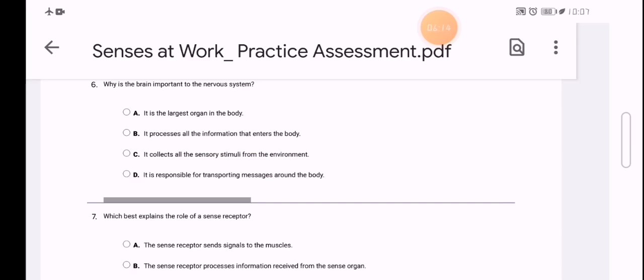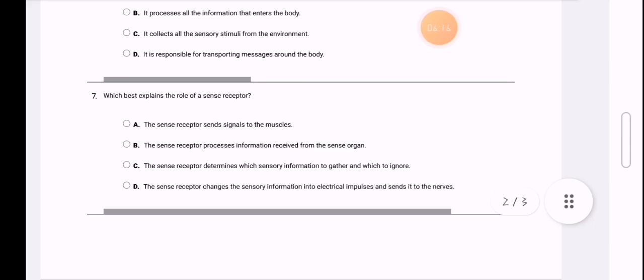Okay. Number 7, which best explanation explains the role of a sense receptor? The sense receptor sends signals to the muscles. We said that there is no relation between our sense receptors and muscles. The sense receptor processes information.